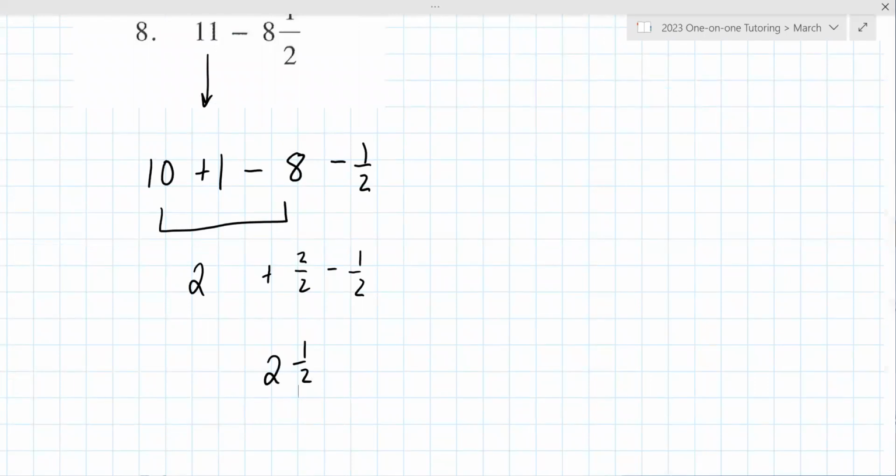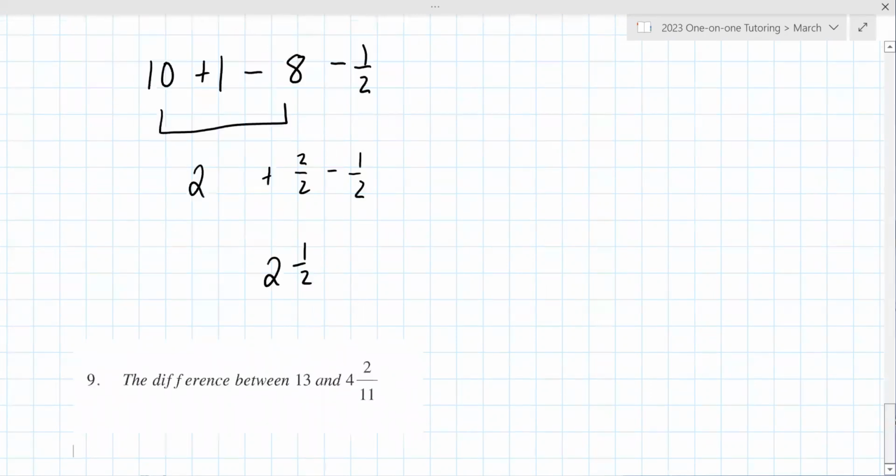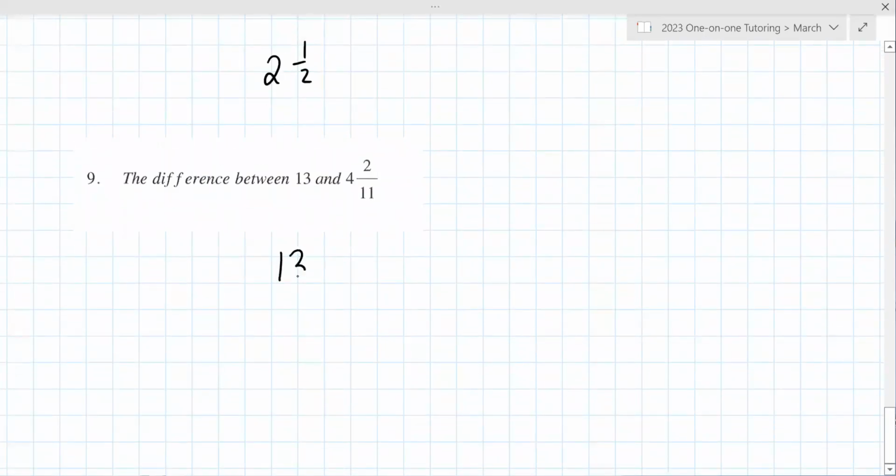All right. So 9 is really similar. The teacher's just mixing it up with some words. There's really no difference here. It's 13 minus 4 and 2 over 11. So 13. So then it would be good. 12 plus 1, 4 minus.